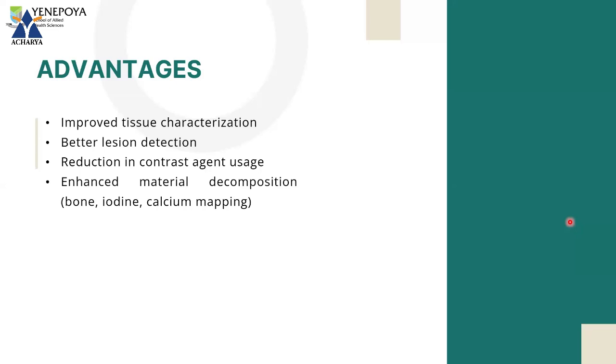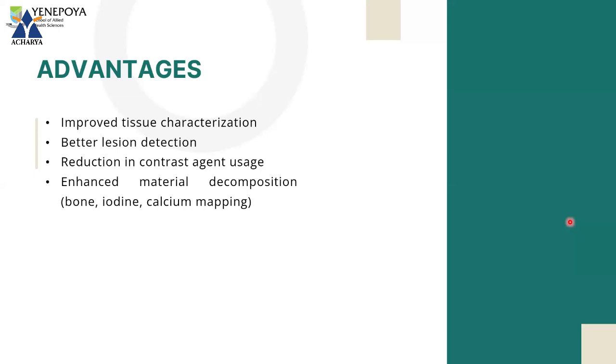It will also help with lesion detection, like what kind of lesion it is and what it is made up of. As I told you, it will help you take images with lower contrast agents. You don't have to give a lot of contrast media for a particular image if you are using the PMI software.